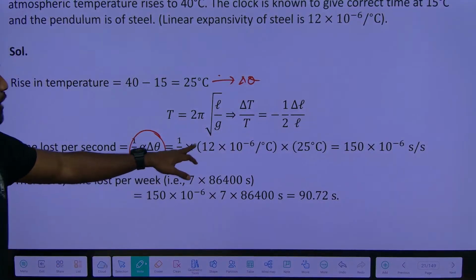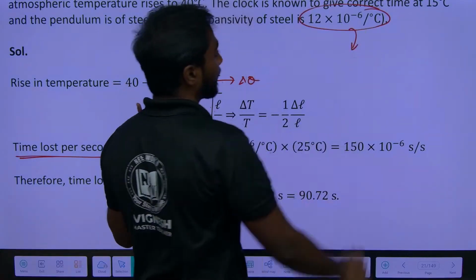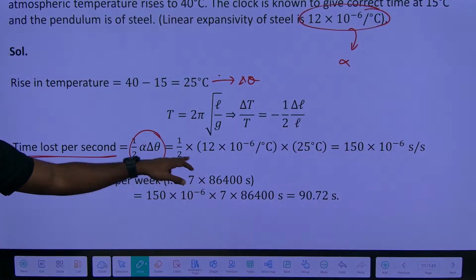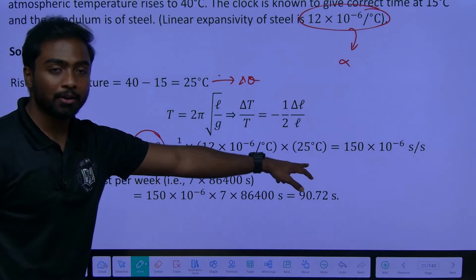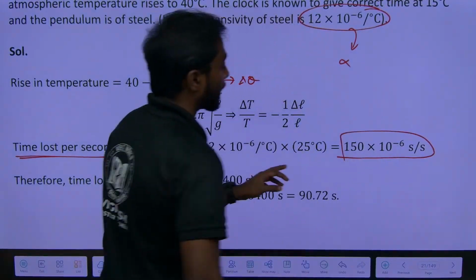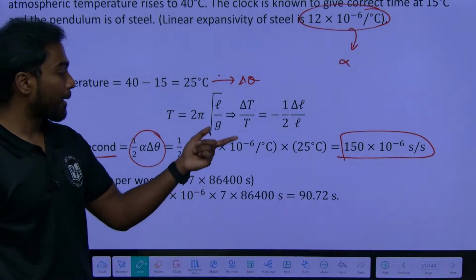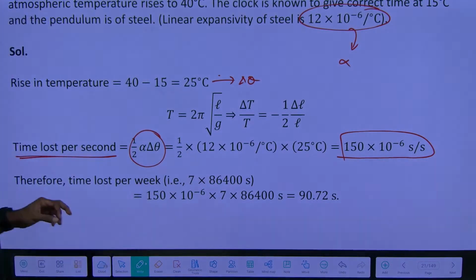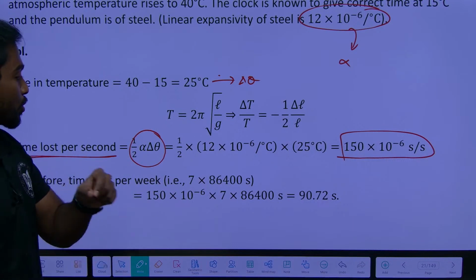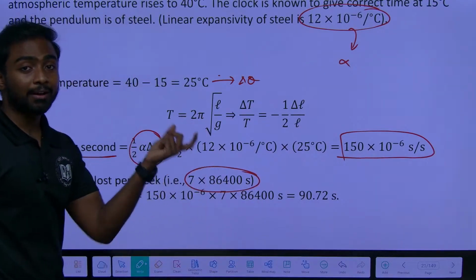So half into alpha, what is the value of alpha? The coefficient of linear expansion alpha is 12 into 10 power minus 6, and the value of delta theta is 25. When we multiply the values, we get 150 into 10 power minus 6. Therefore the time lost per week, they are asking, so I need to calculate the seconds in a week.